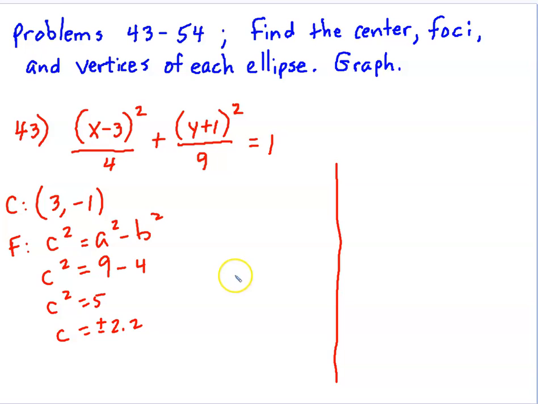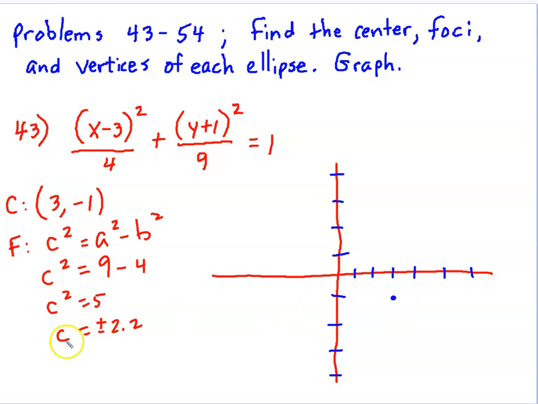You'll need to put your homework answers on graph paper, but this is how you do it. So find the center, 3, -1. And then all the other points like vertices, co-vertices, focal points, they all start at the center.